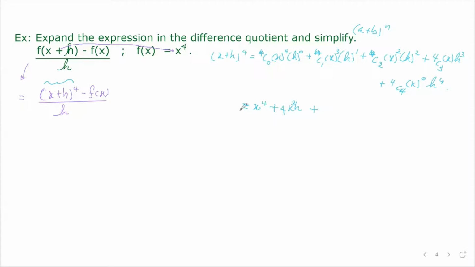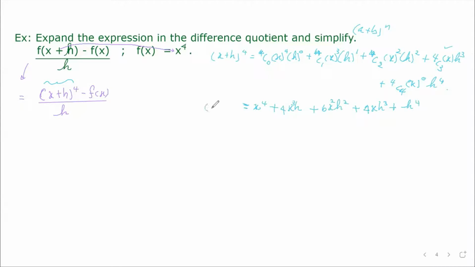So we have 6 here, and then x power 2, h power 2. Now plus 4C3, I think is 4, so this is going to be 4x h power 3. And last term, 4C4 is 1 times x power 0 is still 1. So plus h power 4.